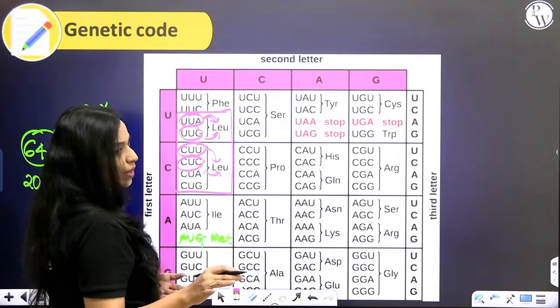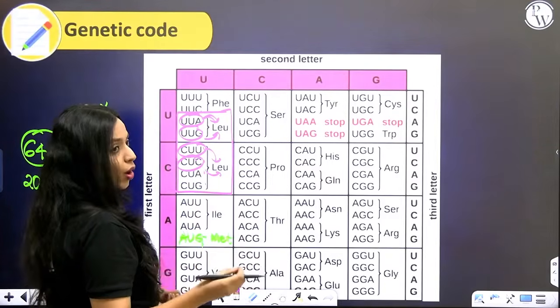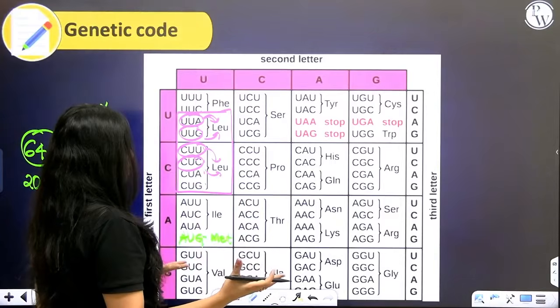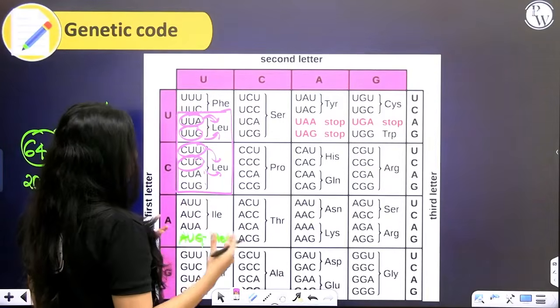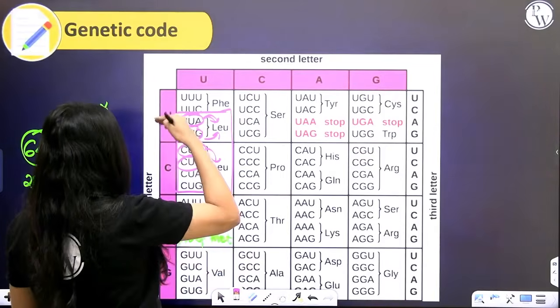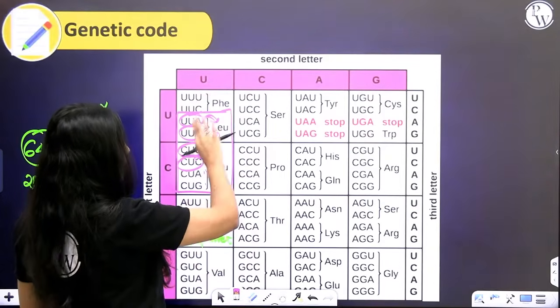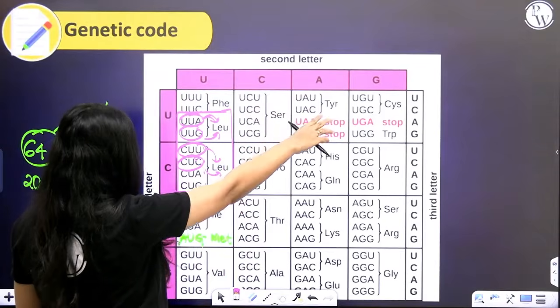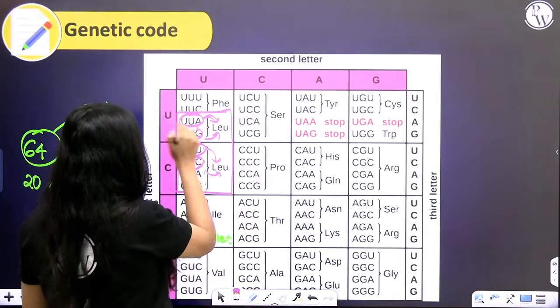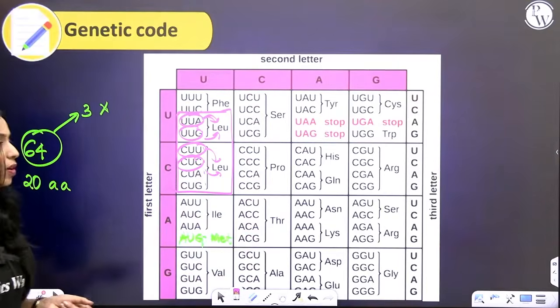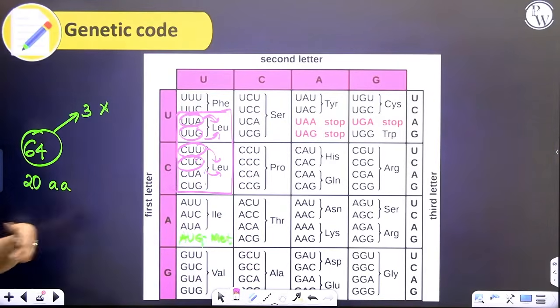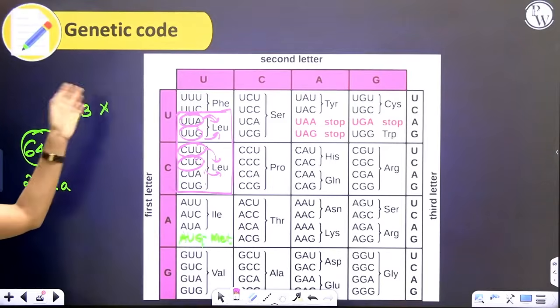There is no ambiguity there. So it's called a non-ambiguous code or an unambiguous code. Leucine can be coded for by more than one codon, that is degeneracy. A given codon will always code for leucine, not phenylalanine, not serine, not tyrosine. Always for leucine. There's no confusion for these codons. That property is called unambiguous nature, or basically they don't have any confusion in what amino acid they have to code for.